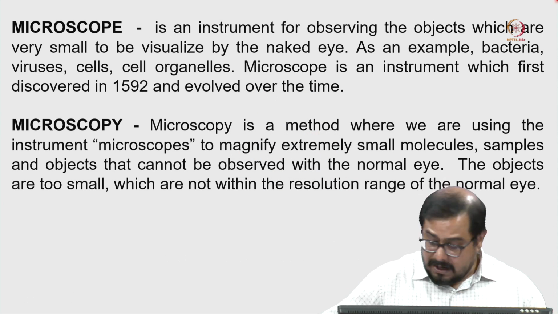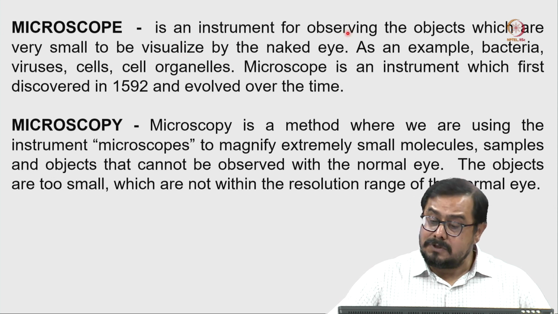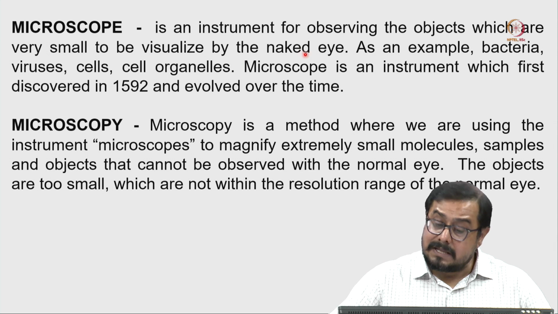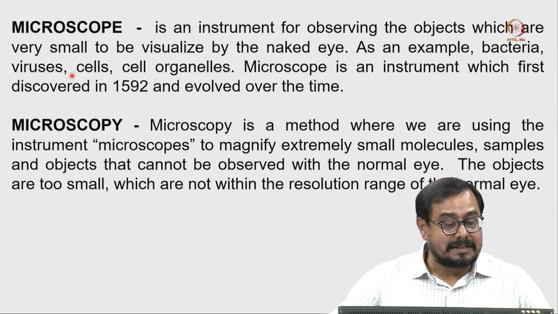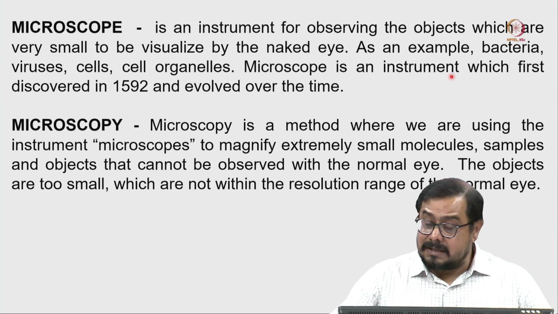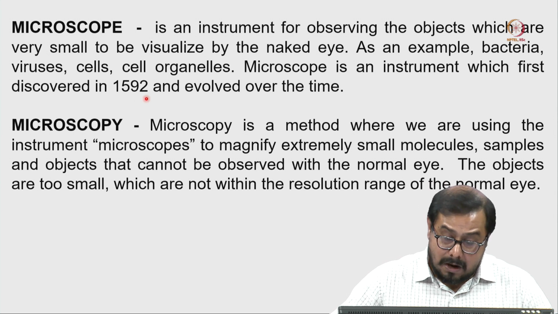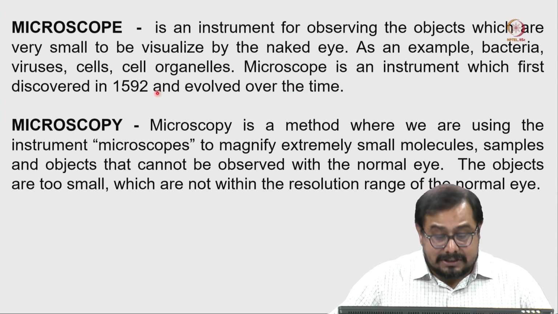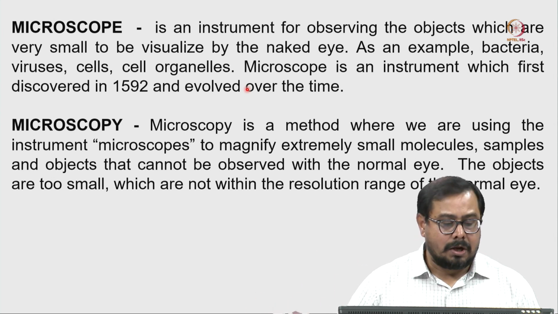The definition of the microscope is that it is an instrument for observing objects which are too small to be visualized by the naked eye. As an example, bacteria, viruses, cell organelles. A microscope is an instrument which was first discovered in 1592 and evolved over time. We will discuss the history of the microscope in a later slide.